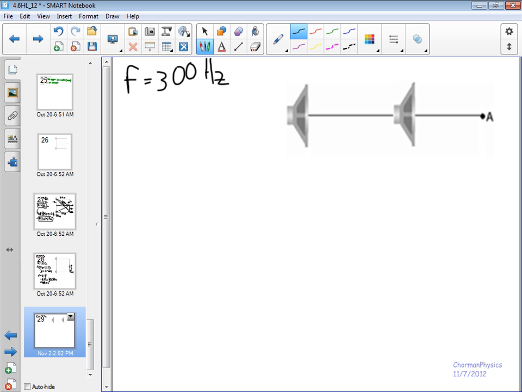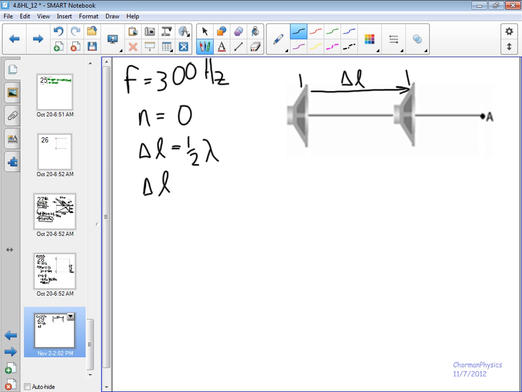So what we have here, A being the first place that we don't hear any sound. Again, this is n equals 0. And we have delta L equal to 1/2 lambda. So what we're looking for is what delta L is equal to. And therefore, to get lambda, what we want is delta L, which is their separation.